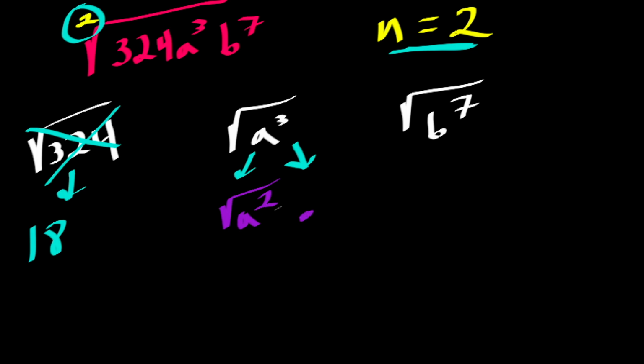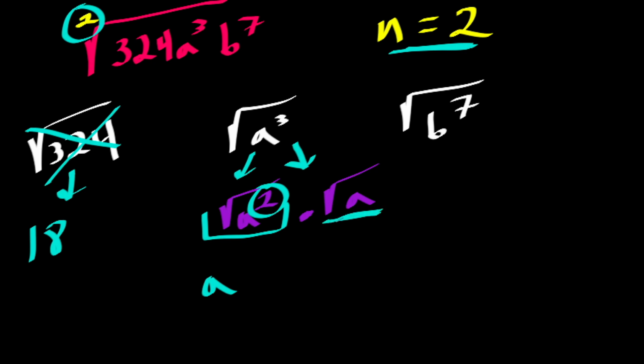But now we need to break this apart so that we can multiply it back and get a to the third, which just means we need to have another square root of a over here. Once again, it's the same way we break down numbers, except now we're just breaking down variables and exponents. It's the same logic. So now we can do the square root of a to the second, because this exponent 2 is divisible by our index 2, and it would just give us a to the first.